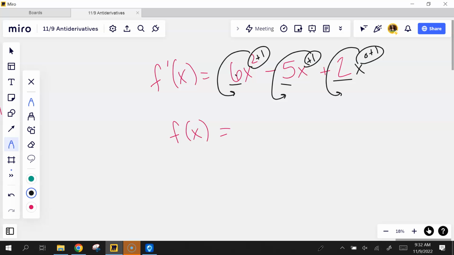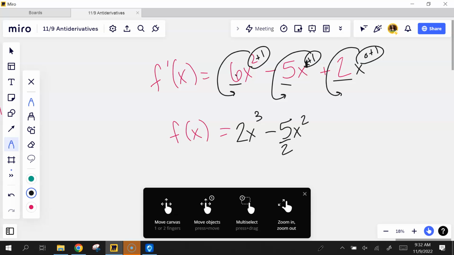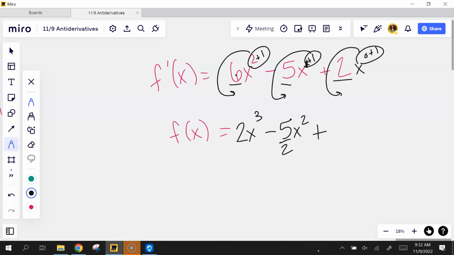So 6 divided by 3 is 2x cubed minus 5 over 2, right? Because there's this little imaginary 1. Yep. I missed it. Plus 2x plus c. Don't forget that plus c.